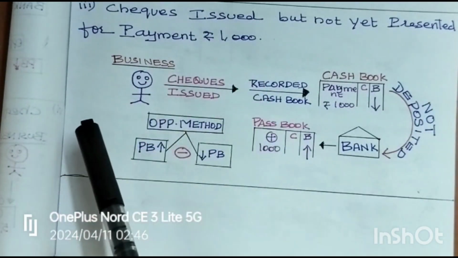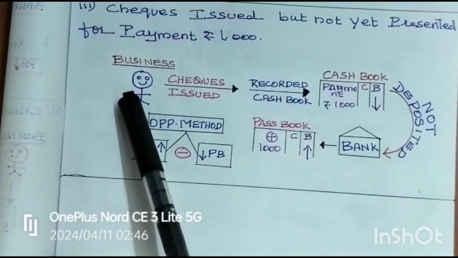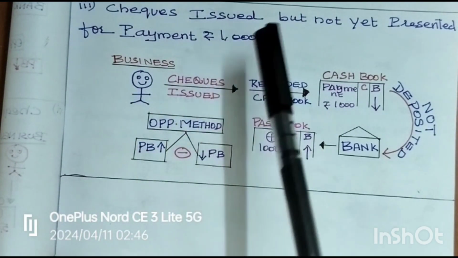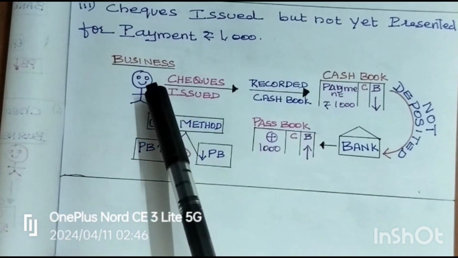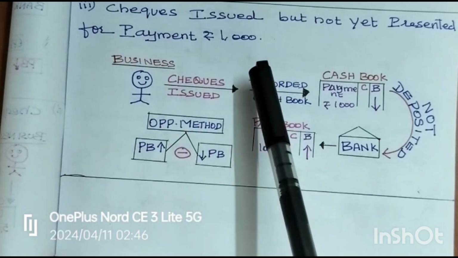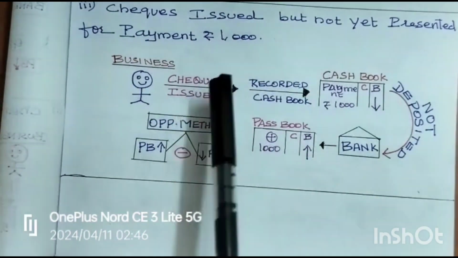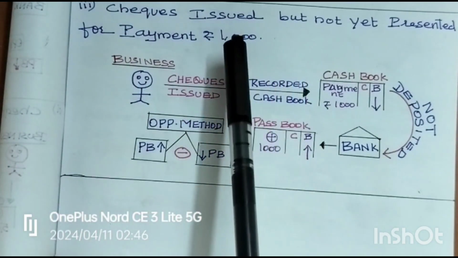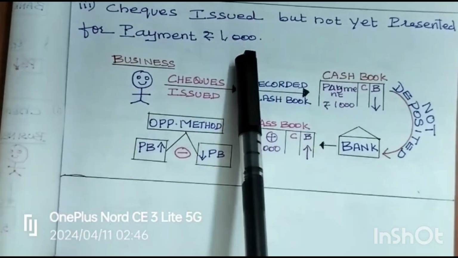Say for example, if you run the business, you issued a check to a third party or someone. After issuing the check, what do you do? Issuing the check means you made payment through check. Cash goes out through check, 1,000 rupees goes out through check.